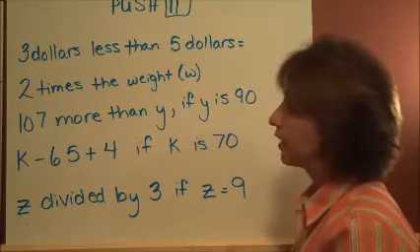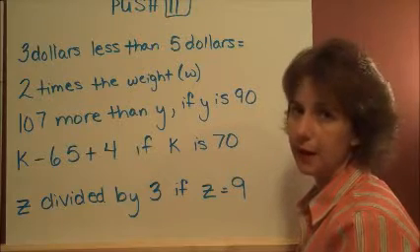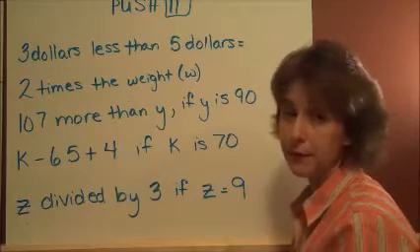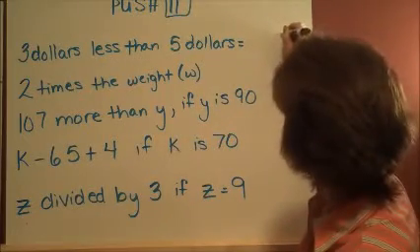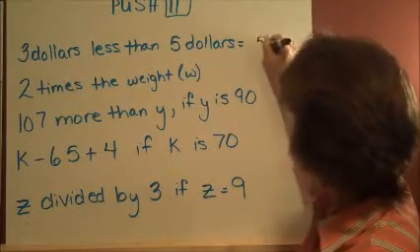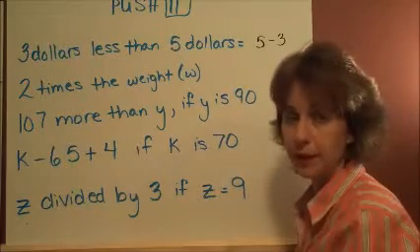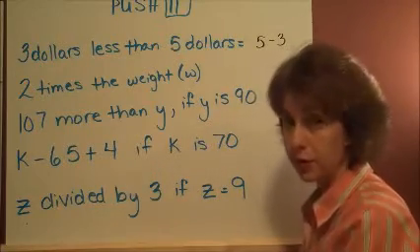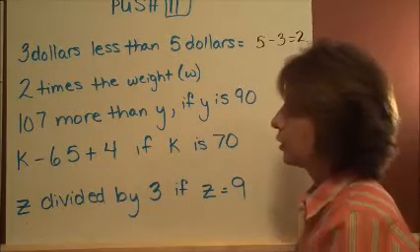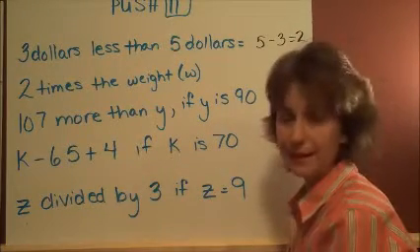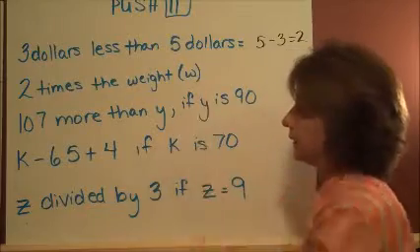Alright, 3 less than 5. That one was previously in our video. Hopefully, you remembered that 3 less than 5 is 5 minus 3. It's a numerical expression. It can be solved. The answer is 2. 2 times the weight, which the weight is w.